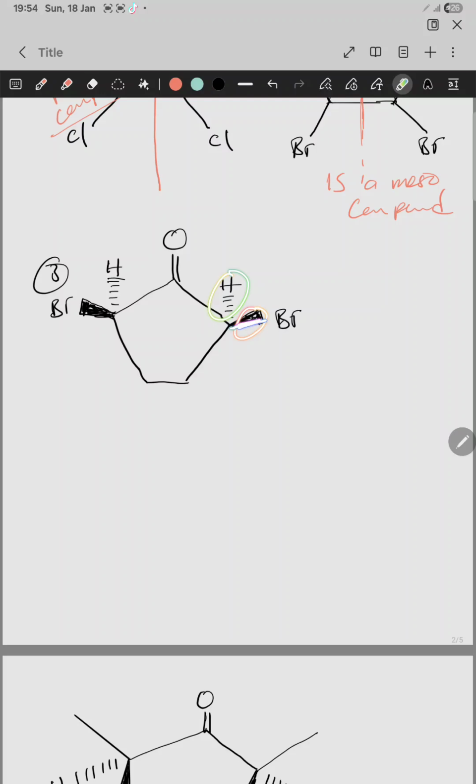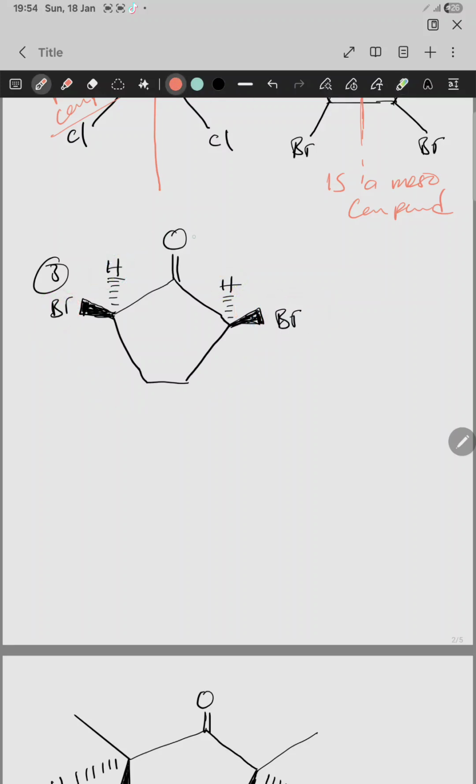A wedged bond in chemistry simply means that this particular atom is pointing at you, while a dashed bond means that that particular atom is pointing away from you. Now let's see, this bromine which is pointing at you, on this side it's also pointing at you. The hydrogen which is pointing away from you, on this side also it is pointing away from you.